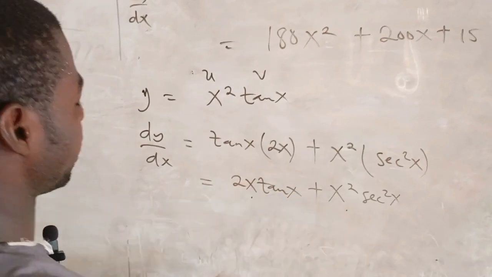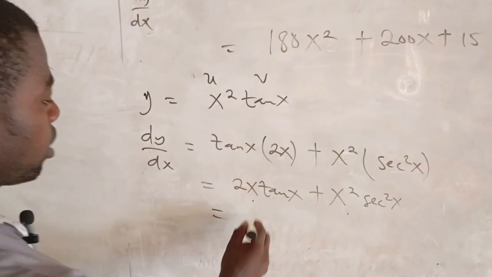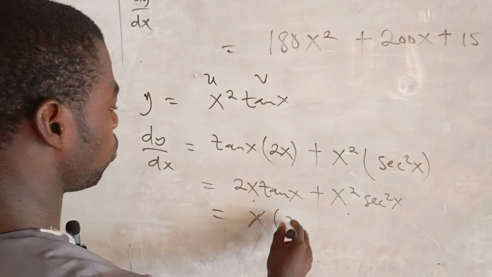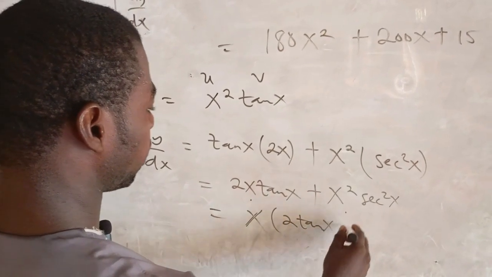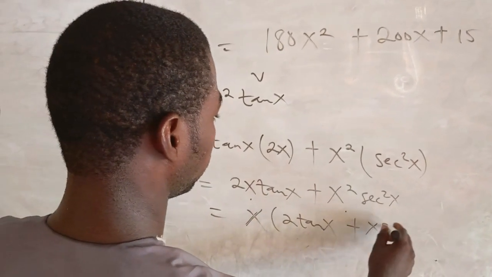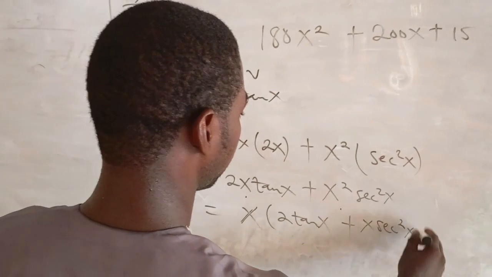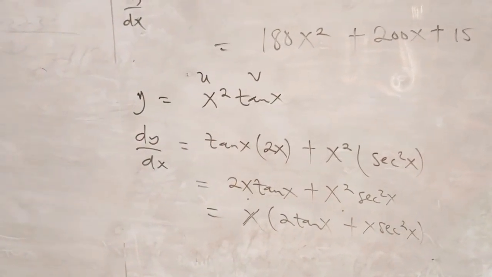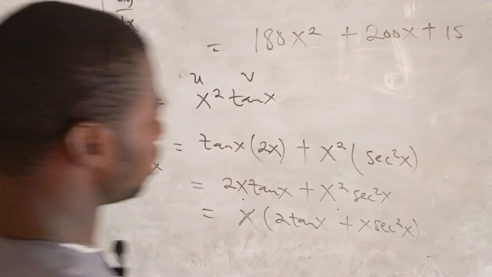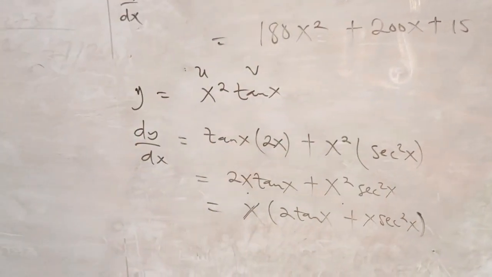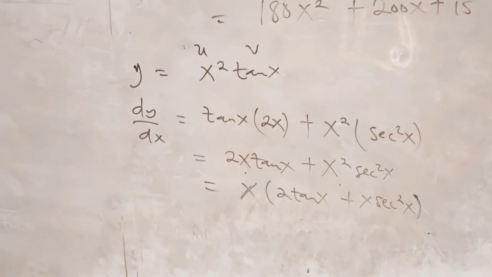There is x here, there is x here, so we can factorize. So we have x into 2 tan x plus x into sec squared x. So that's the derivative of the product of x squared and tan x.